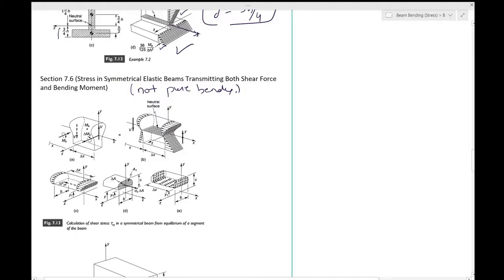Now it is more difficult to obtain an exact solution to this problem, since the presence of a shear force means that the bending moment varies along the beam, and hence many of the symmetry arguments of section 7.2 no longer hold. Right from the start of this chapter we used symmetry and created equations and ideas based on that.